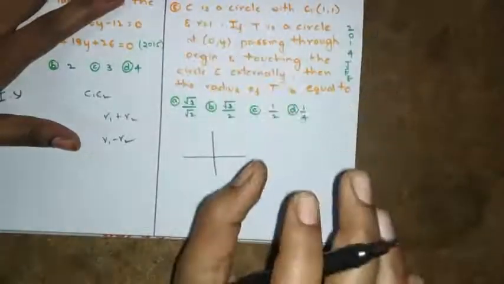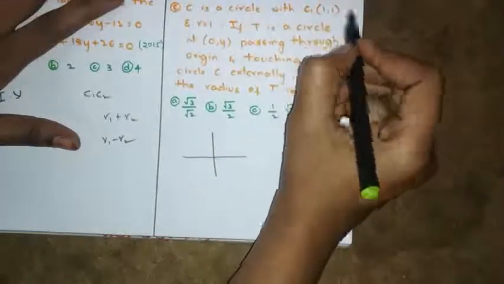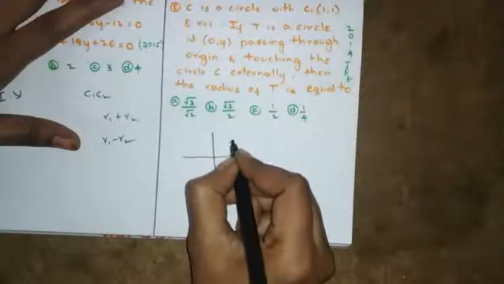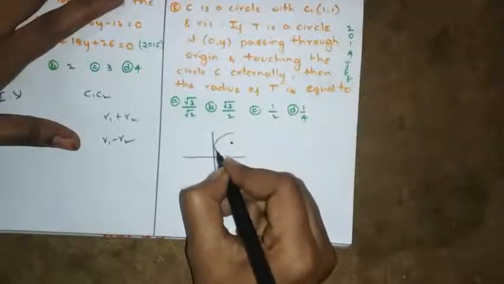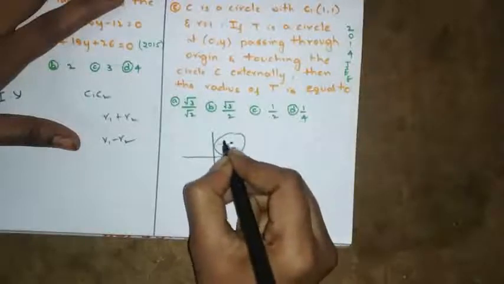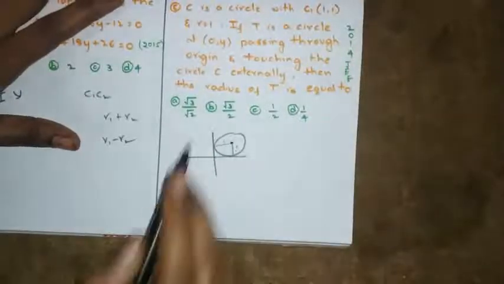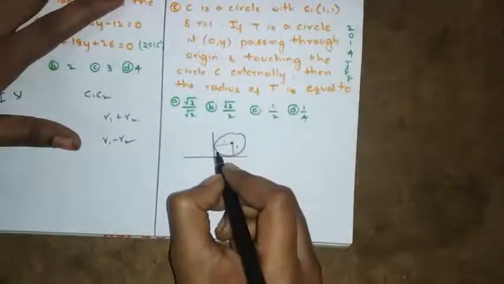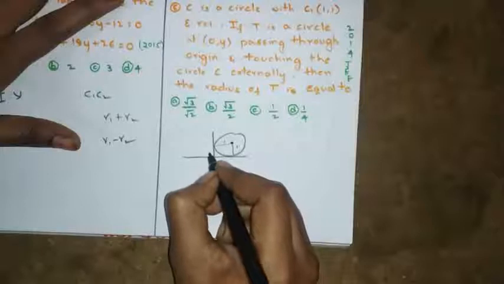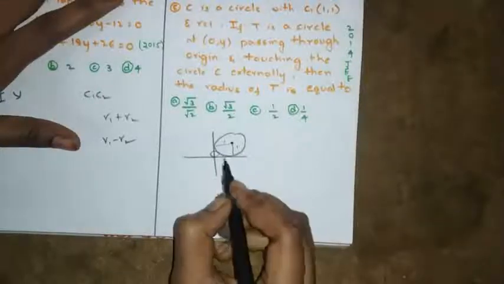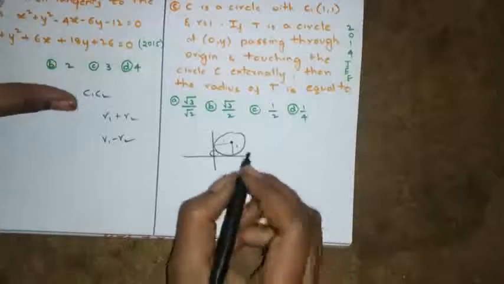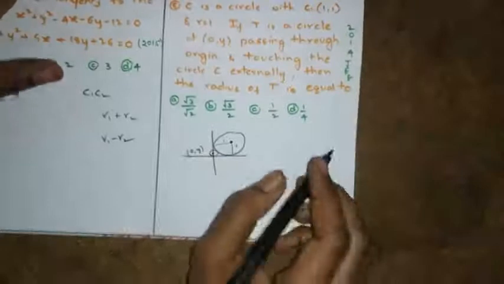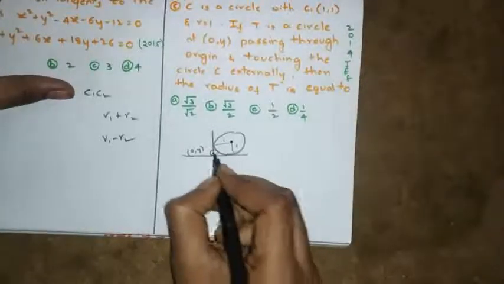C is a circle with center 1, 1. If T is a circle with center 0, y passing through the origin and touching the circle externally, its radius is also y.